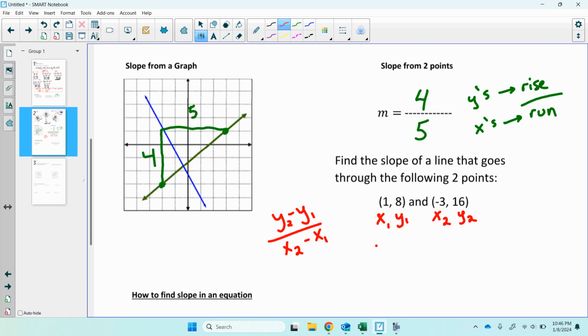Here it looks like we're taking 16 minus 8 over negative 3 minus 1. That gives me 8 over negative 4, or negative 2, for the slope. You're also welcome to leave that as negative 2 over 1. If we're thinking about rise over run, it's helpful to leave things as fractions, but you're always more than welcome to simplify those fractions at any time.